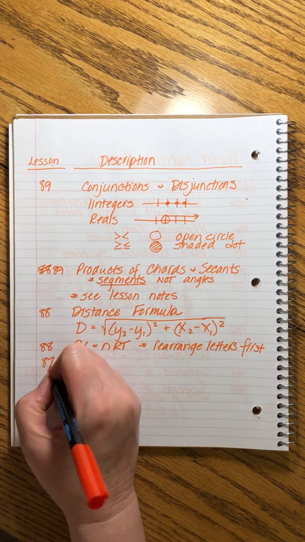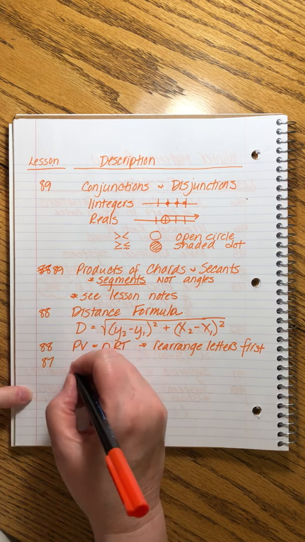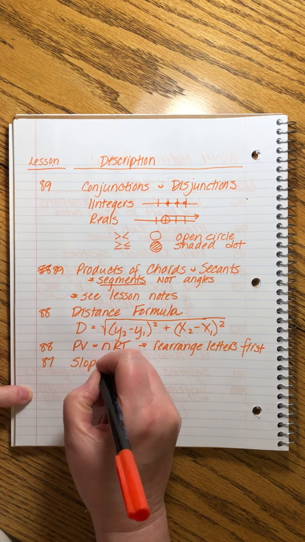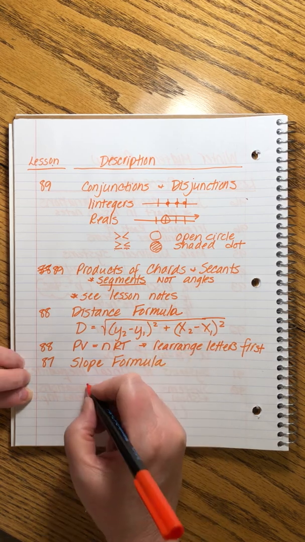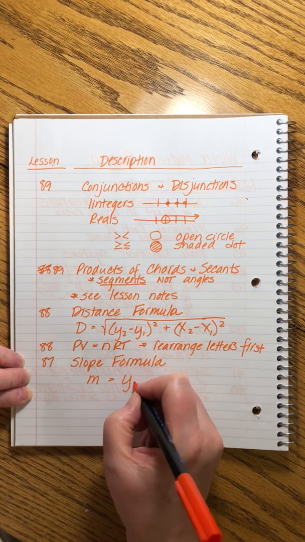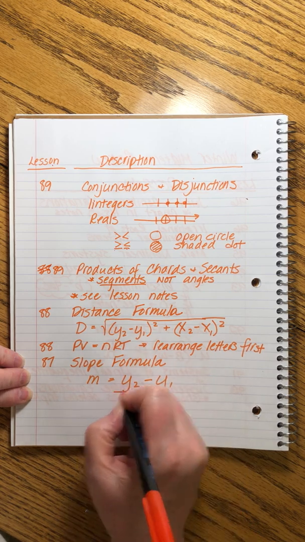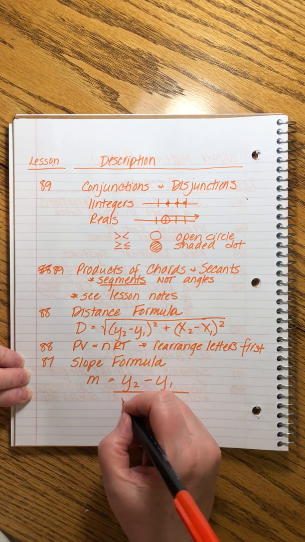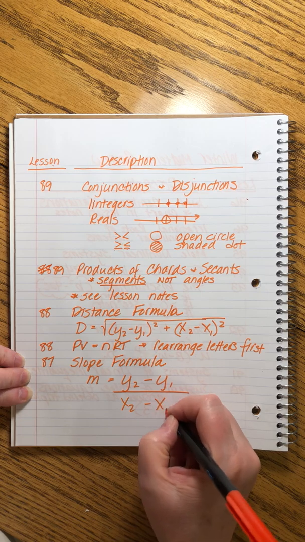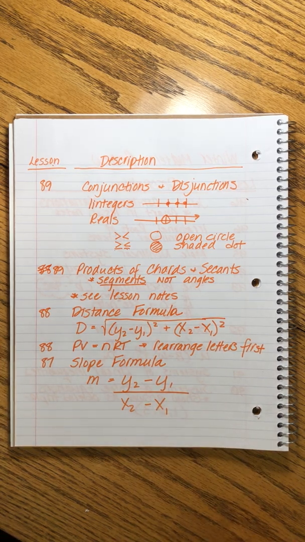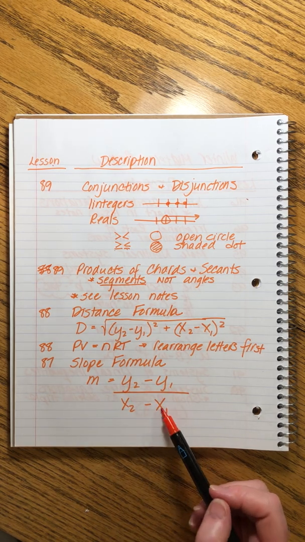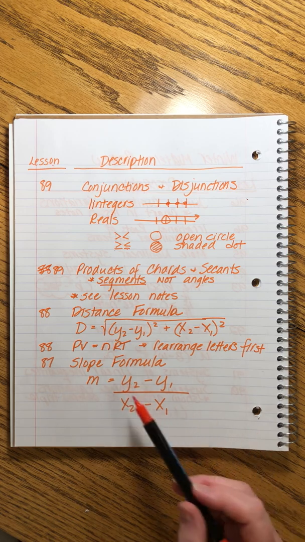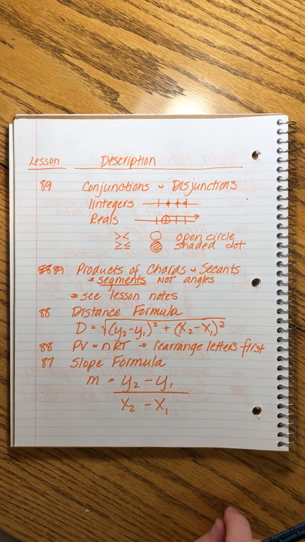87. Okay, we were just talking about this guy, the slope formula. And we've used this before. But if you want to calculate a slope, you can squint at the diagram and count the little squares. It works. It annoys the heck out of me though. I would rather take the two points, x1, y1, and x2, y2, and use this formula to calculate the slope.